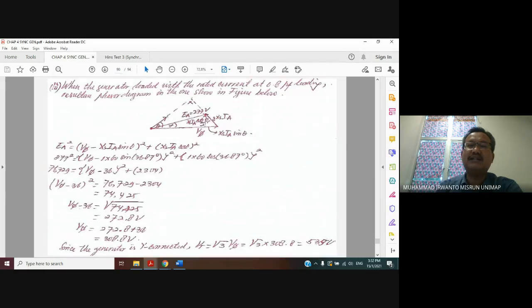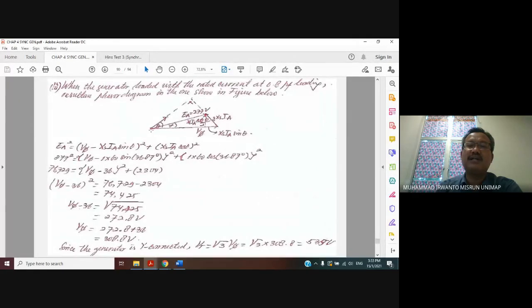The angle here, the side in front of the angle is XS IA sin theta, and this one is XS IA cos theta, because we want to find the value of EA from the angle here, perpendicular here.